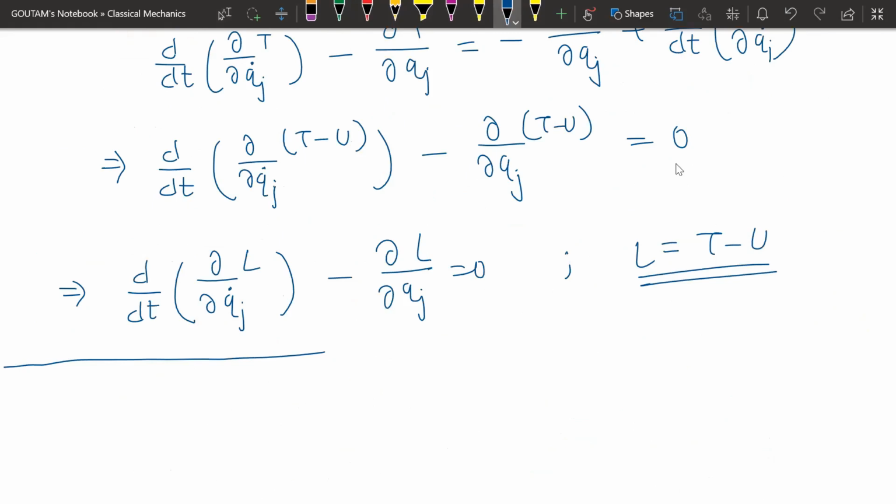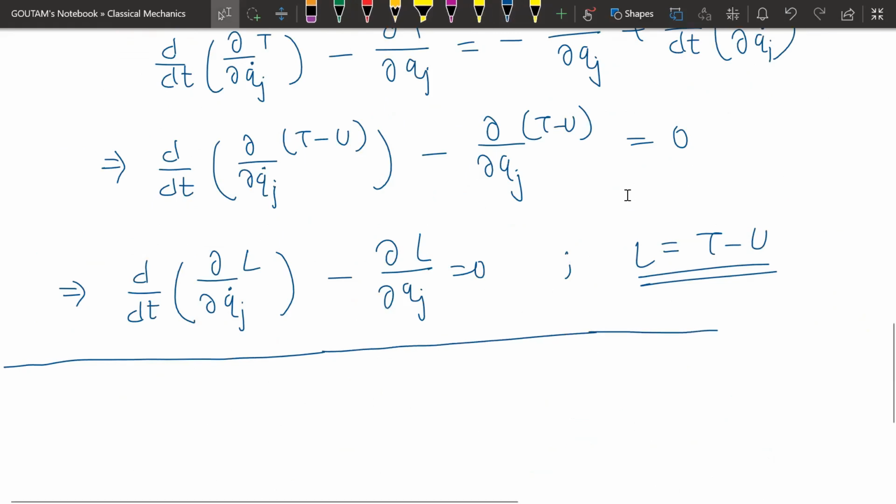Why is it so important? It's because one of the most important potentials in physics is the electromagnetic potential energy. So that is velocity dependent.